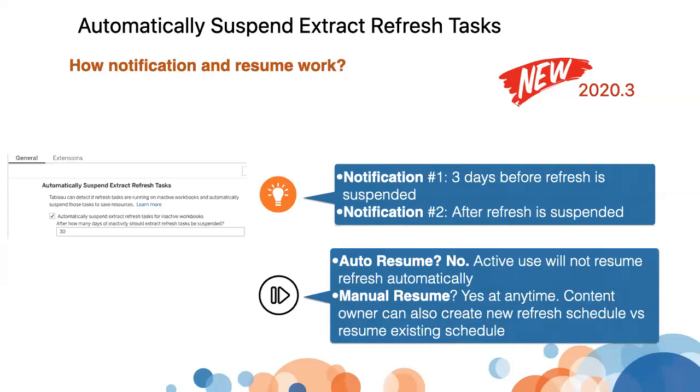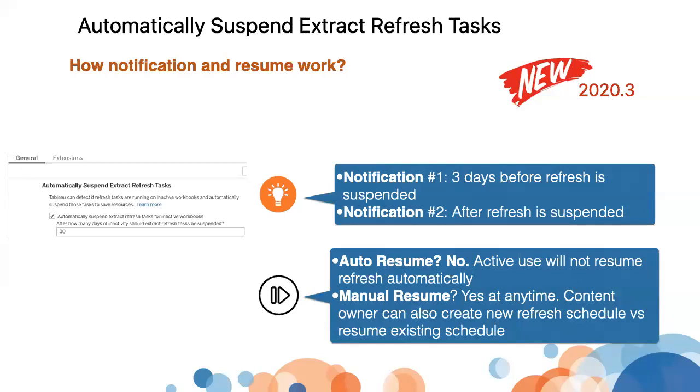Next is what happens after it's suspended. If someone clicks a view again, will it be resumed automatically? Think about that. After the extract is suspended, what if you or anyone else clicks the view? Will the refresh resume automatically? Nope. Active use after suspension will not trigger auto refresh again.